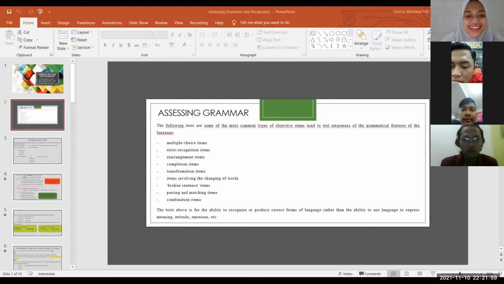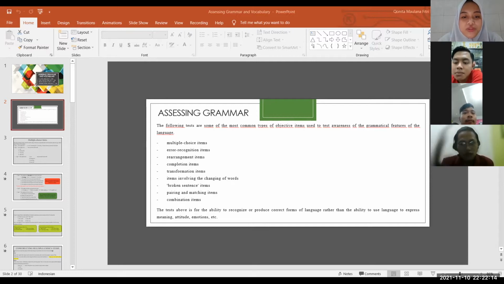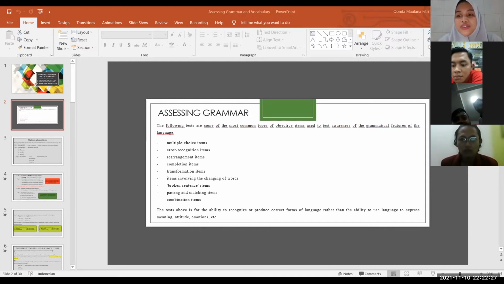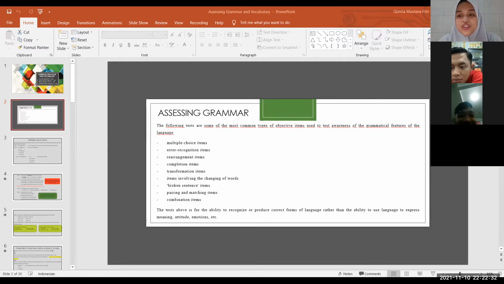There are 9 tests: multiple choice items, error recognition, rearrangement, completion, transformation, items involving the changing of words, broken sentence, pairing and matching, and combination item. The tests above are for the ability to recognize or produce correct forms of language rather than the ability to use language to express meaning, attitude, emotion, etc.